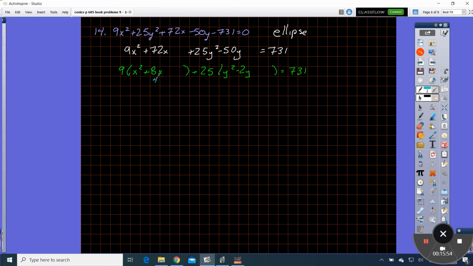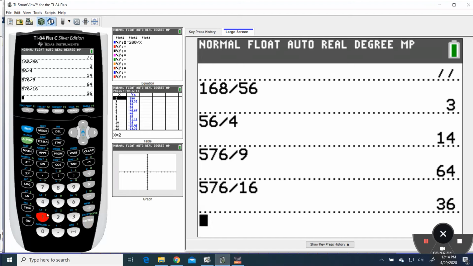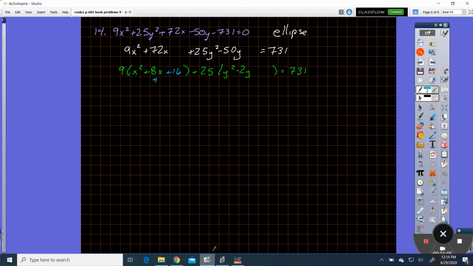Half of 8 is 4. 4 squared is 16. So 16 times 9, I believe, is 144. So I add 144 over here. Half of 2 is 1. 1 squared is still 1. But really I didn't add 1. I added 25 times 1, so I add 25 over to here.